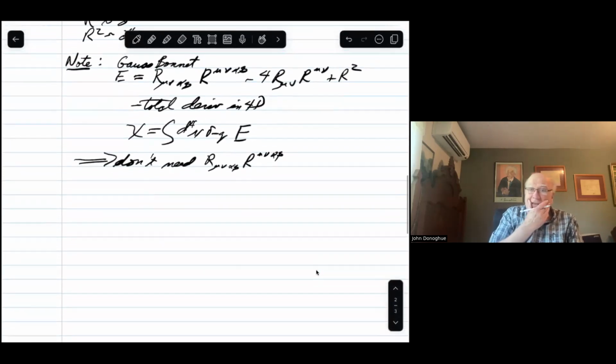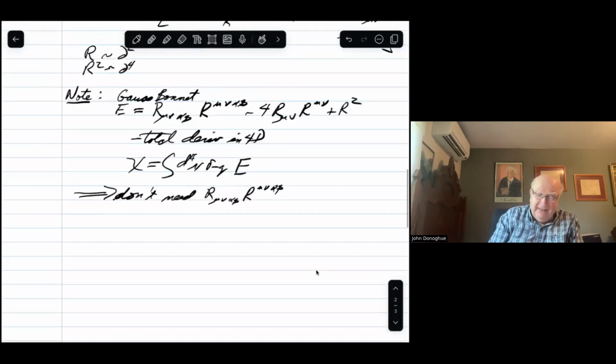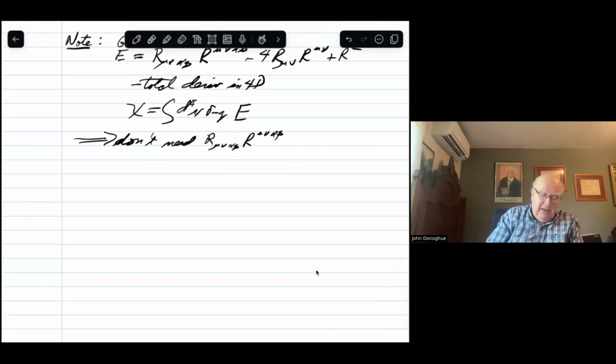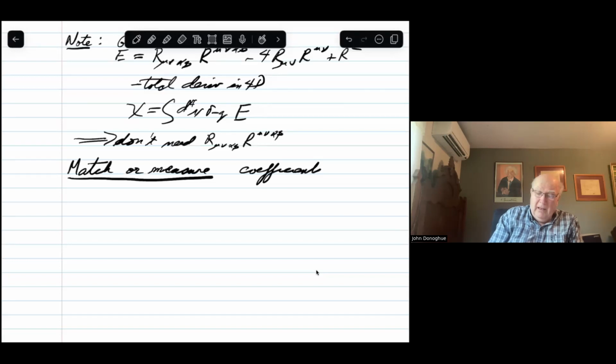Now, effective field theory as a technique doesn't tell us anything about the coefficients, so you just go and you measure them. So what we did before, remember, was we matched the coefficients to the full theory. The more general phrasing is you match or you measure. In this case, we don't have the full theory under our control.